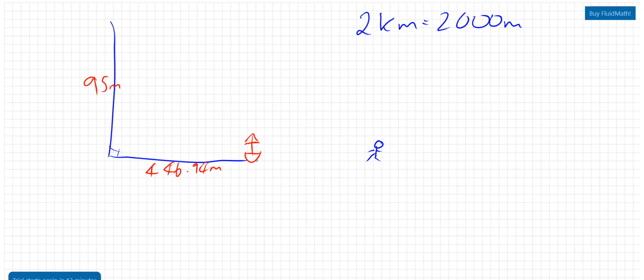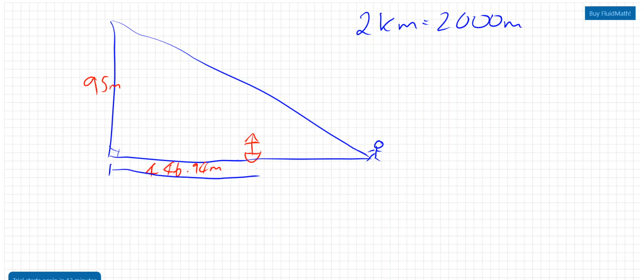So we know that the boat is over here. We've got our cliff, and now our new triangle we're trying to work with is going to be a larger one, I guess, because the swimmer is further out. Okay, there's our boat. So from here to here, we know it's 446.94 meters. And now we've got to work out the angle of depression. Let's just go back to the question.